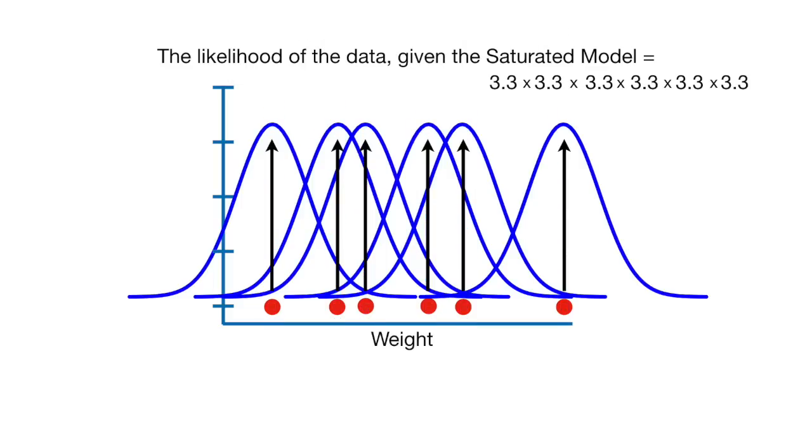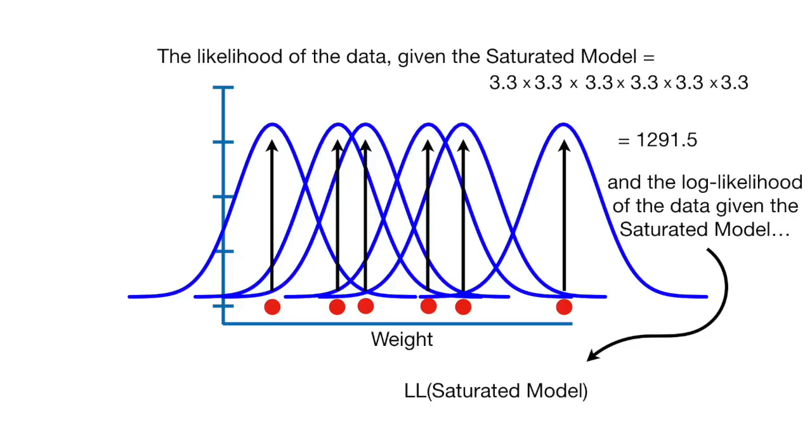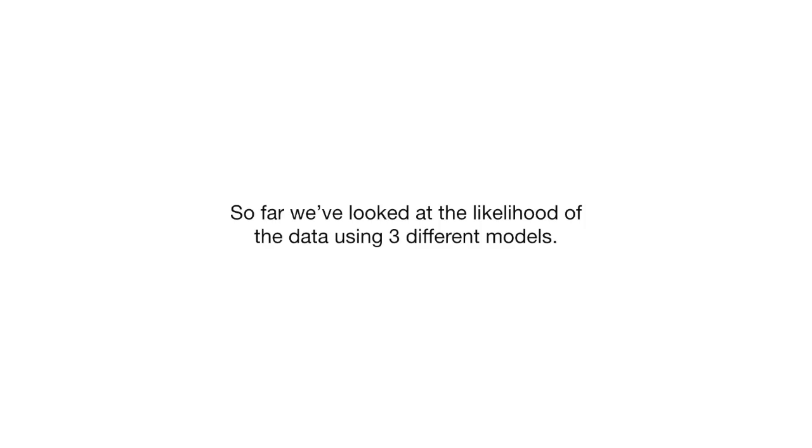The likelihood of the data, given the saturated model, equals 1,291.5. And the log likelihood of the data given the saturated model is the log of 1,291.5, which equals 7.16.